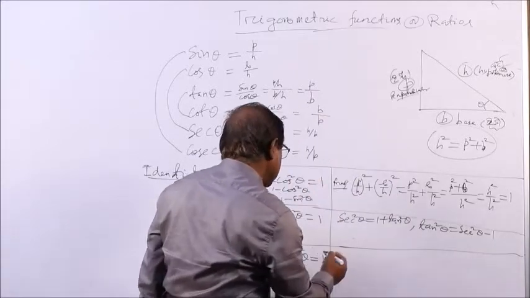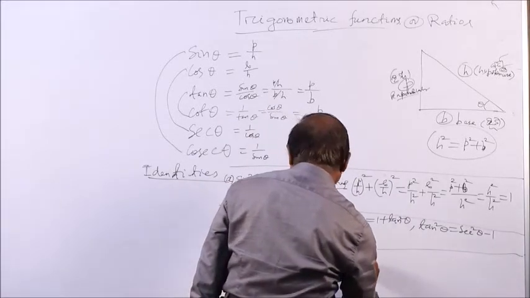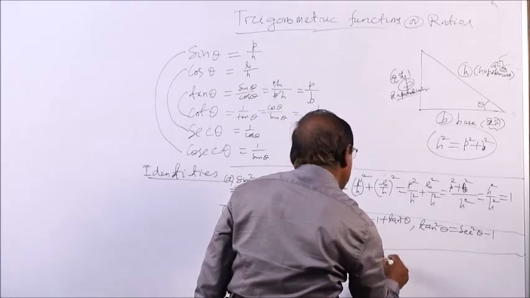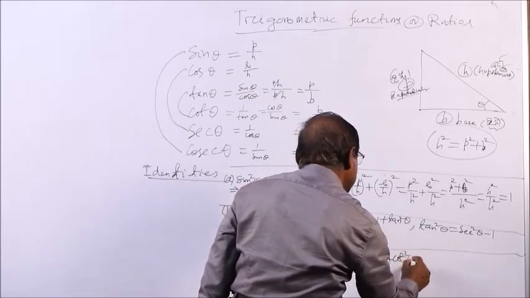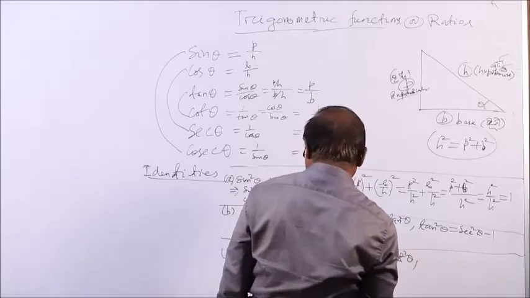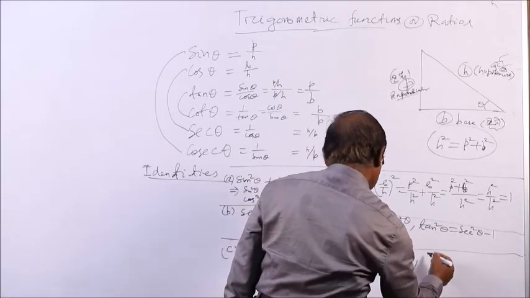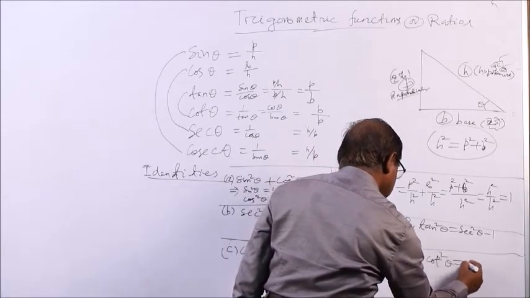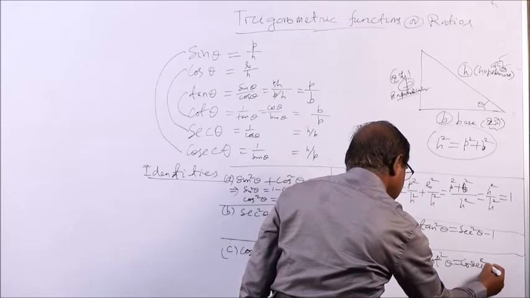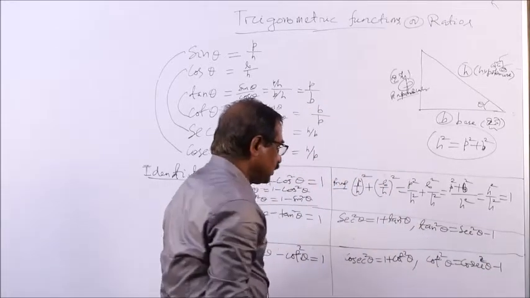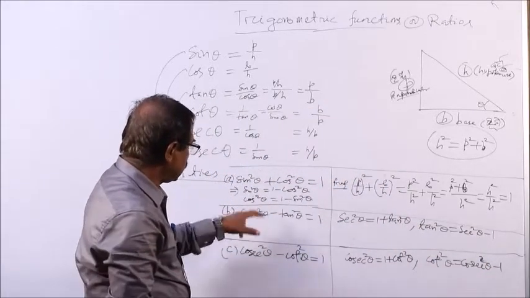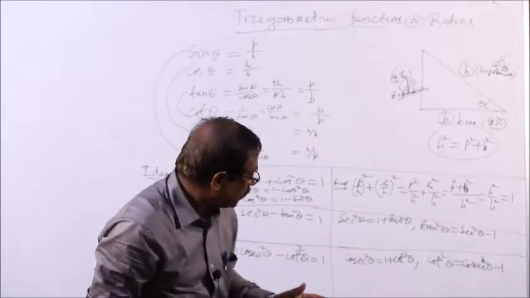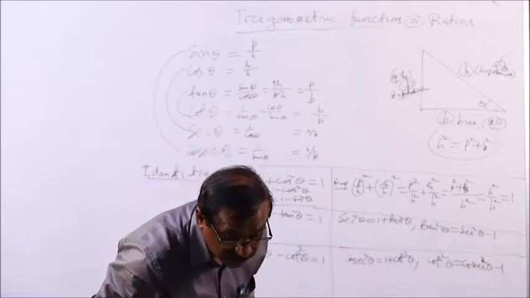Similarly, cosec square theta is equal to 1 plus cot square theta, and cot square theta is equal to cosec square theta minus 1. These formulas we derive for solving our problems, and this is valid for all values of theta.